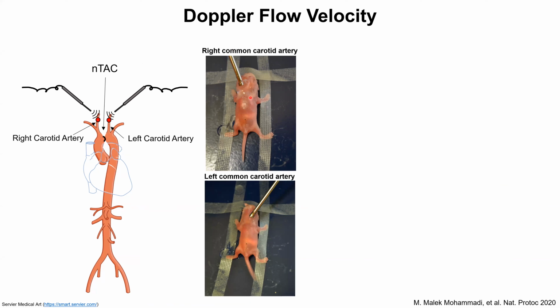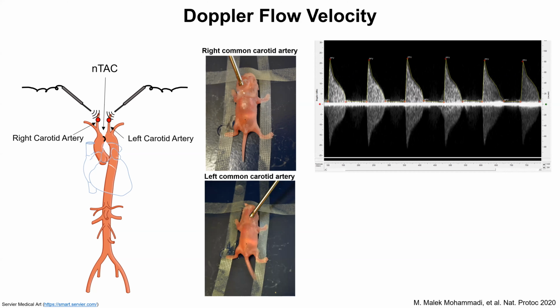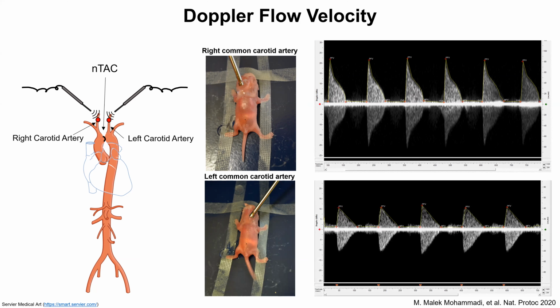You can adjust the probe in order to see the peaks, and if the surgery is successful, you are able to see higher peaks or higher flow velocity in the right compared to the left carotid artery. These flow velocities or peaks are easily measurable using the same Doppler program.